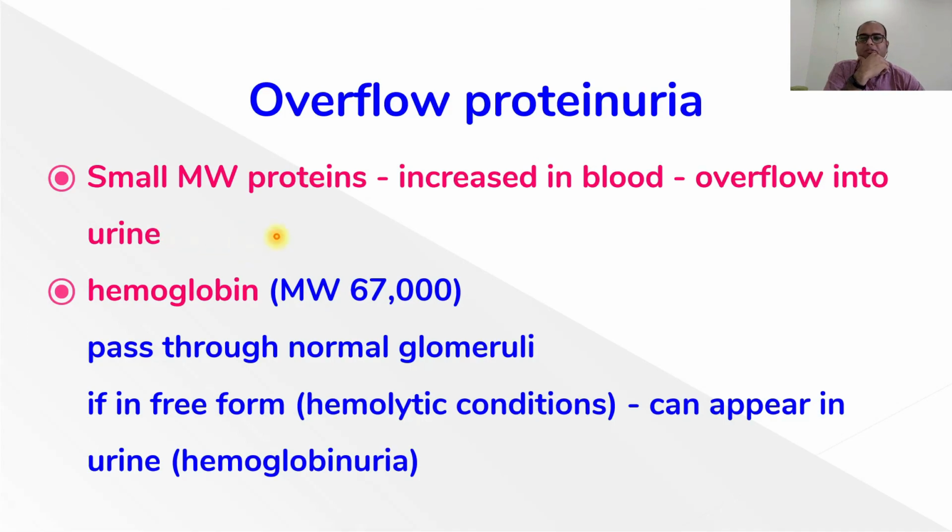Then there is overflow proteinuria. If small molecular weight proteins like hemoglobin are increased in the blood, they will start overflowing into the urine, passing through the normal glomeruli and appearing in the urine. That condition is called hemoglobinuria.